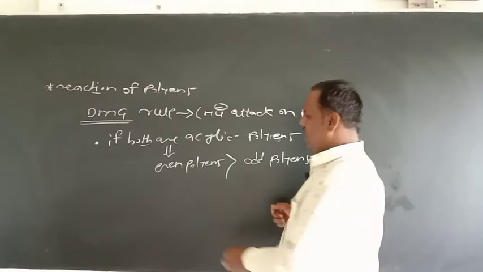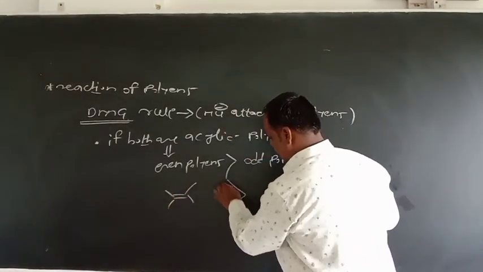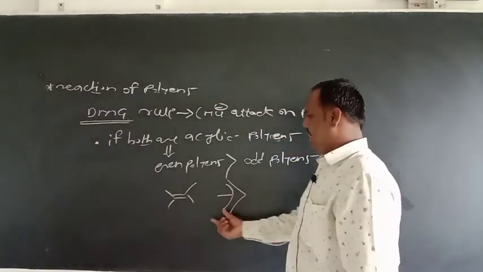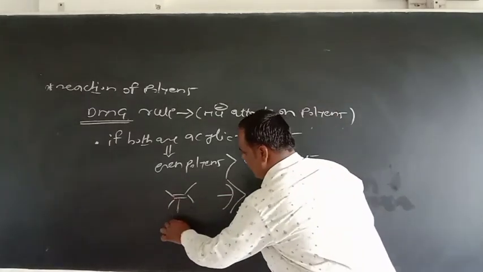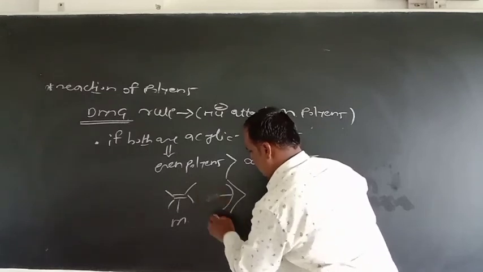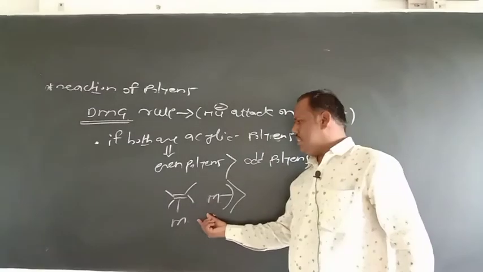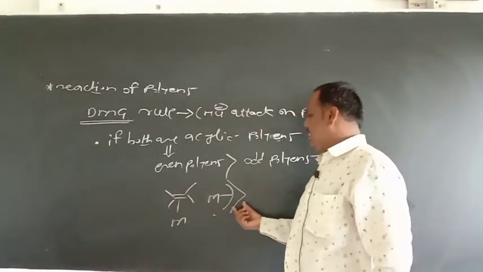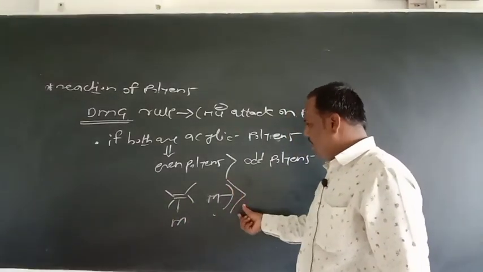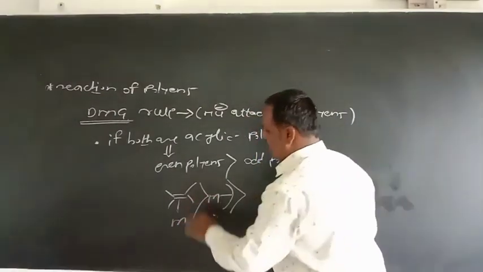For example, if the polyene is like this, its hapticity is 3, and if the polyene is like this, its hapticity is 2 when it is attached to the metal atom. So both are acyclic polyenes, but this is an even polyene and this is an odd polyene, because one contains 3 carbon atoms and the other contains only 2 carbon atoms. So the nucleophile must attack on this even polyene.